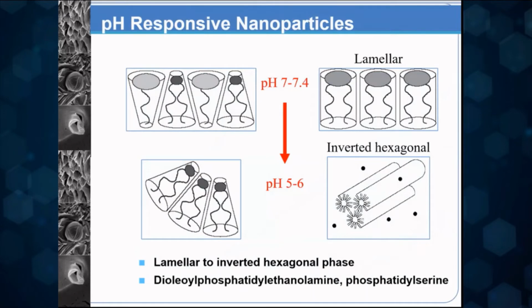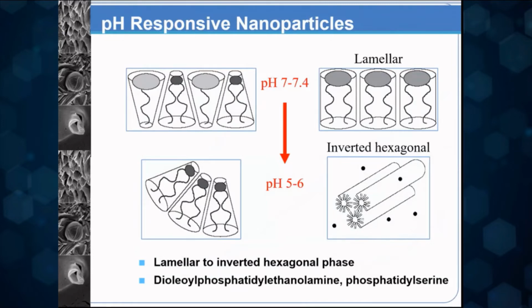So there are multiple ways in which you can design pH responsive biomaterials. They can directly break down bonds within your polymeric system. They can cleave off linkages, which then release certain actives. They can also cause changes in phase.